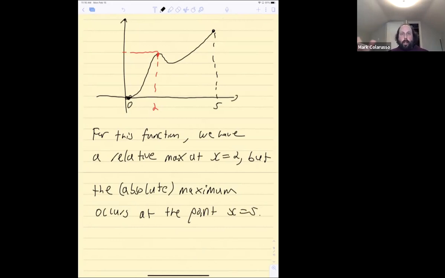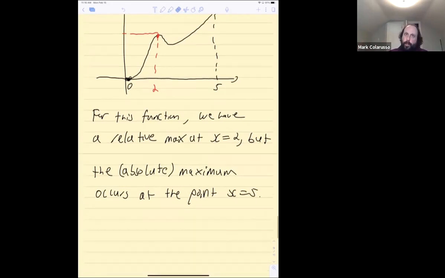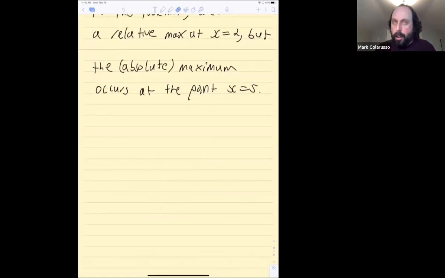So you can have a relative extremum of one sort, but the absolute maximum on the interval, the largest value on the interval, can still happen at the endpoint. There are several situations like this. It's not to say that it has to happen at the endpoint. I'll do one more situation, and then you can dream up others. I don't want to spend too much time on this.